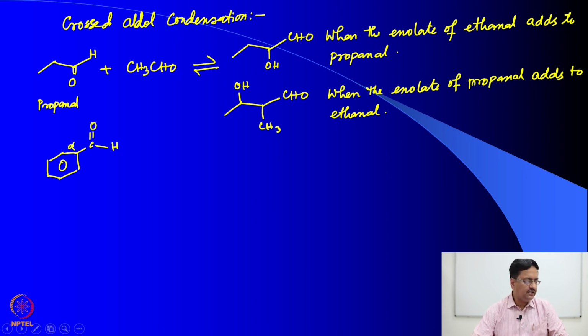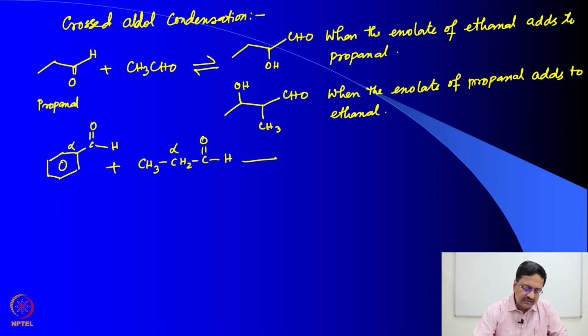So, this benzaldehyde cannot form the enolate ion, and we treat this benzaldehyde with CH3CH2CHO, which has two alpha hydrogens present.